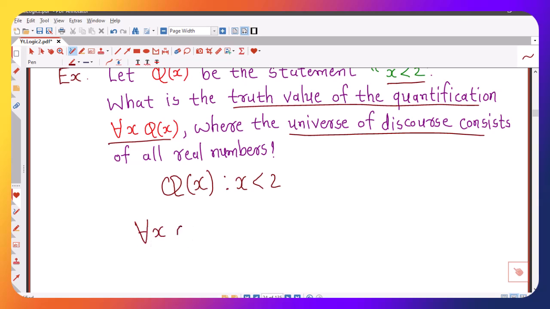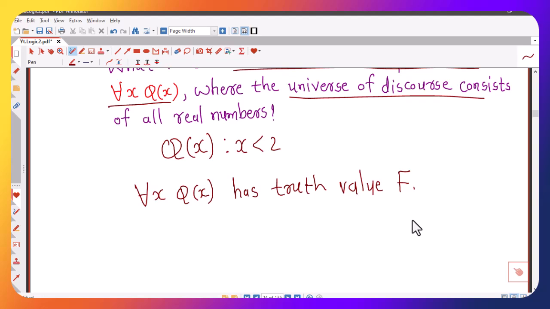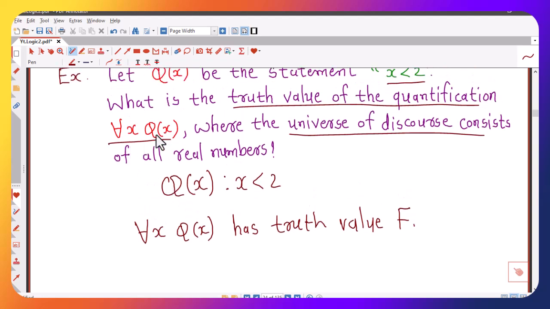So for all x Q(x) has truth value capital F. So whenever we want to check the truth value of the universal quantification, then the truth value is true if that statement function is true for all values of x in the given domain or in the universe of discourse, and the truth value is false if there exists at least one x in the domain for which the given statement function is not true or is false.